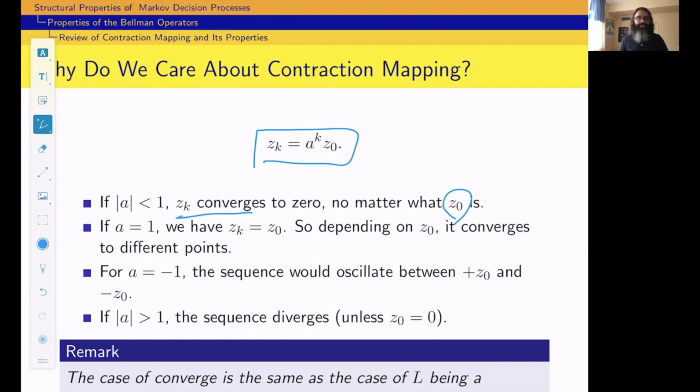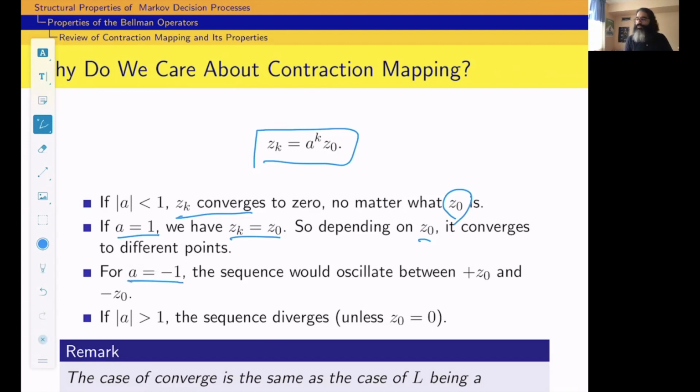If we choose Z0 equal to 1000, it would be A to the power of K times 1000, and eventually it's going to 0. If A is equal to 1, then Zk is essentially the same as Z0, so it's not changing. The point that we are converging to essentially depends on where we start, so it would be Z0. So it's not converging to the same point independent of our initial choice.